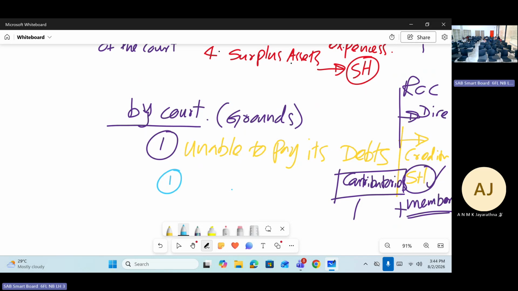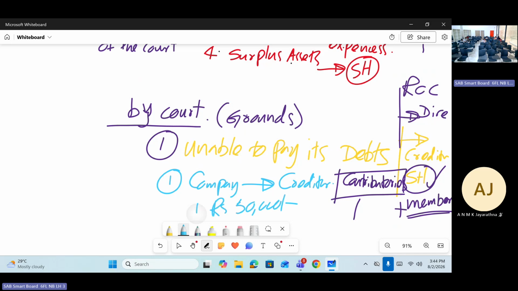The first one is that the company owes to a creditor more than 50,000 rupees.